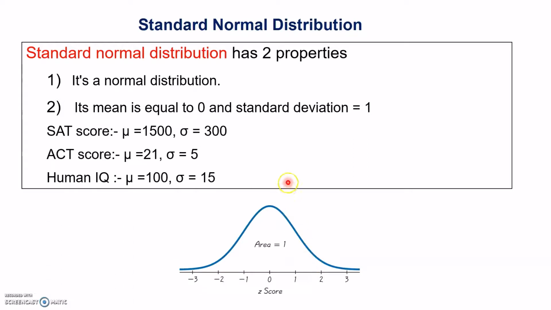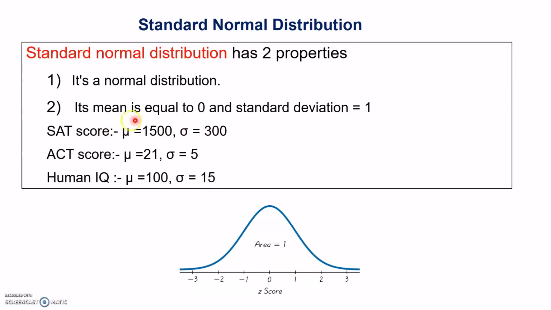Let's see a few examples. The question that comes to mind is, where am I going to see the application of a standard normal or a normal distribution? Now remember that the standard normal curve or a normal curve comes into existence in our everyday life. For example, human IQ scores are normally distributed with a mean of 100 and a standard deviation of 15.